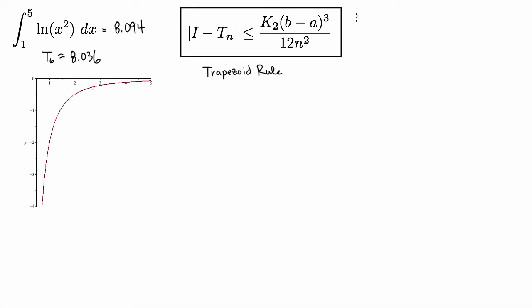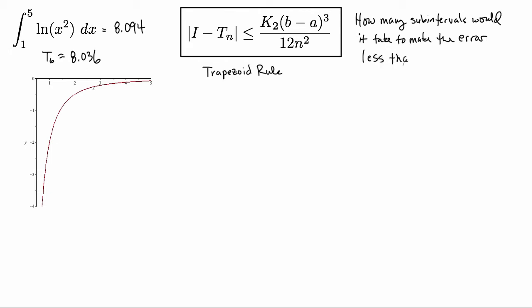So the question I have here is how many subintervals would it take to make the error less than, basically, out to the third decimal place.